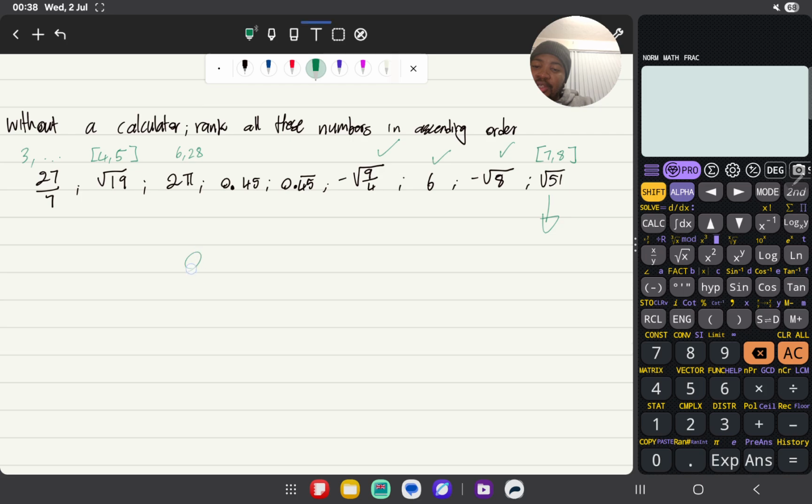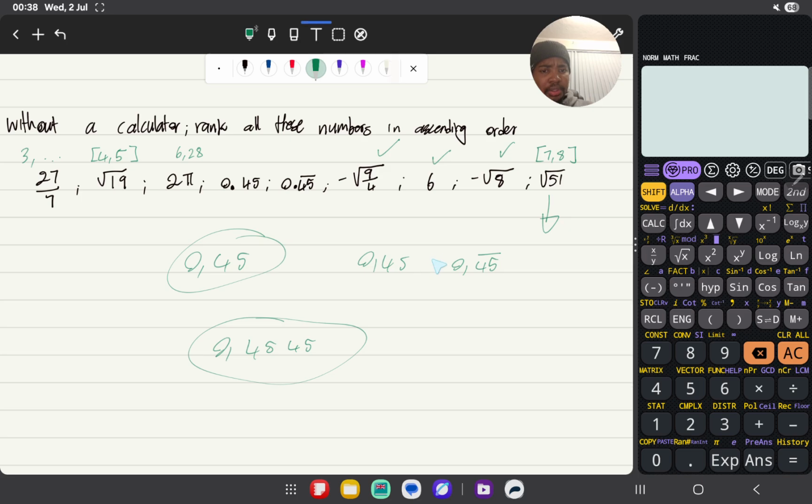Now the first one is 0.45, then the one that follows after is 0.4545. Of course, you can see that this one is bigger than this one. So 0.45 is greater than 0.45 recurring. What am I saying?